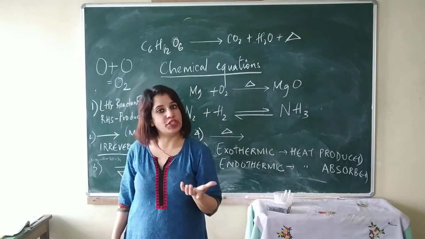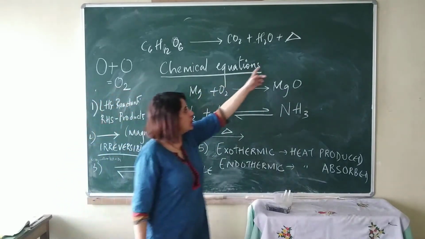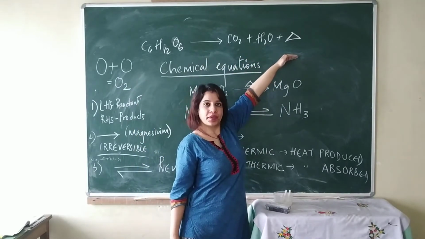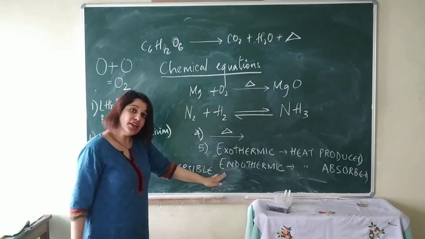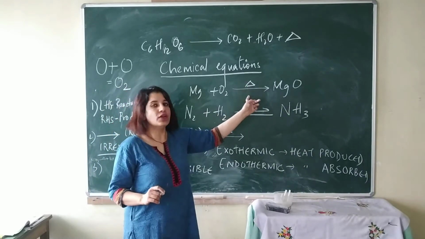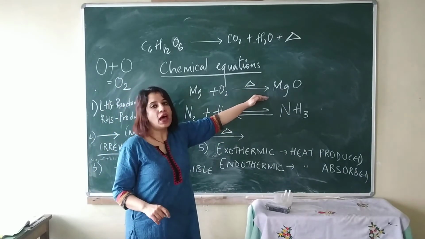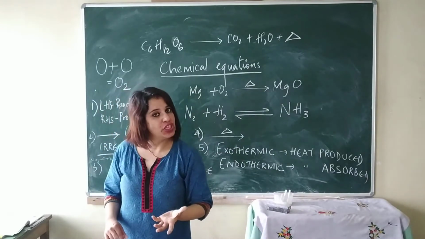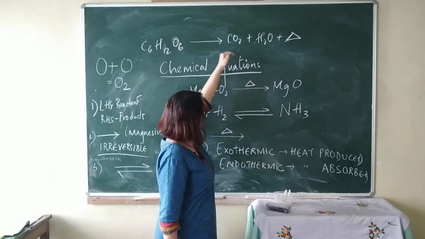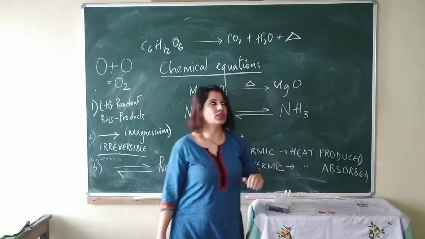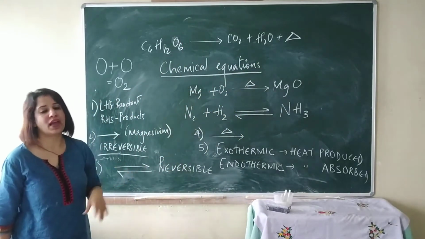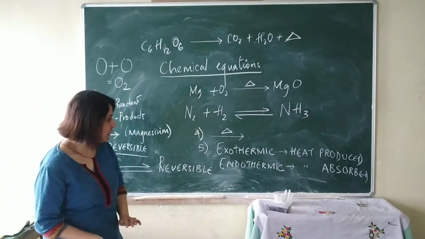And suppose heat is produced, it is an exothermic reaction, then the delta is written towards the products. So just remember this difference. Endothermic reaction, or if heat is utilized, the delta sign is written above the arrow. And if heat is produced, it is an exothermic reaction, the delta sign is written along with the product. So by looking at a simple equation, you can tell whether it is an exothermic or an endothermic reaction.